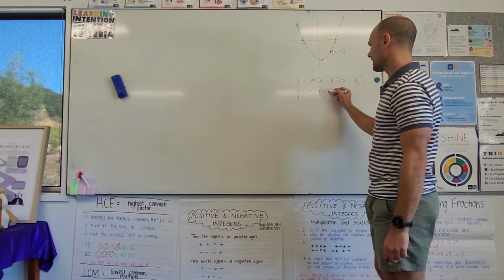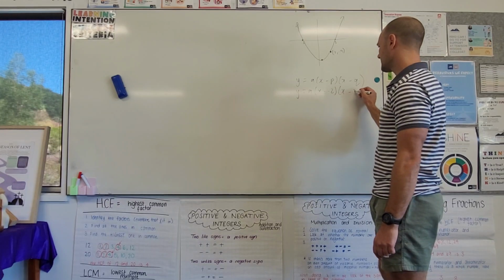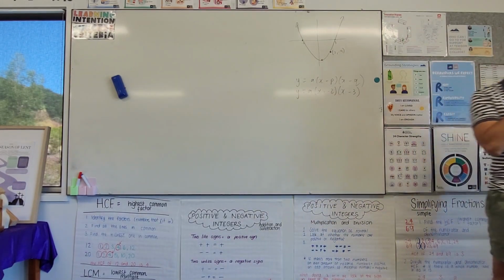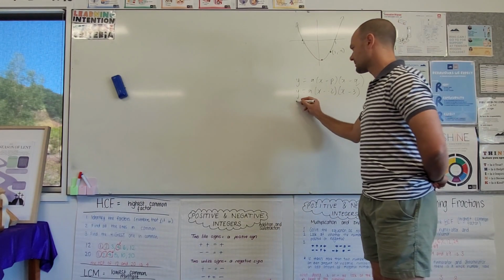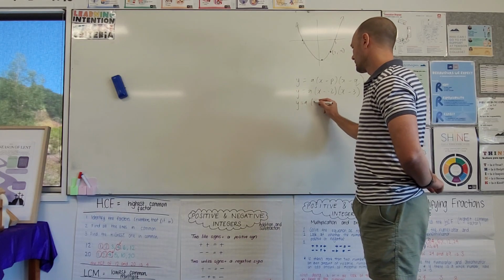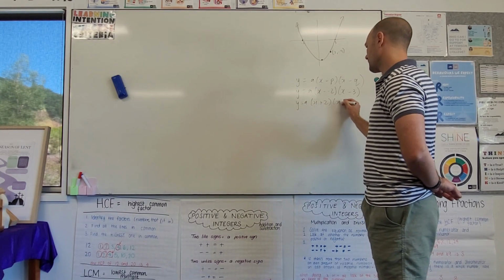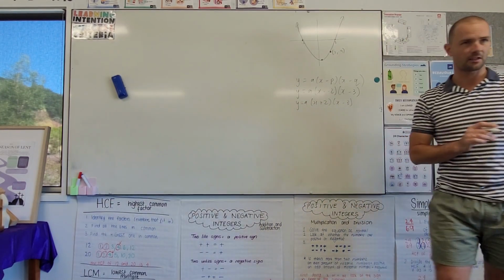We're going to have x take minus 2 and x take positive 3. And so that would just simplify to x plus 2 and x take 3. So we can express it as linear factors like that.